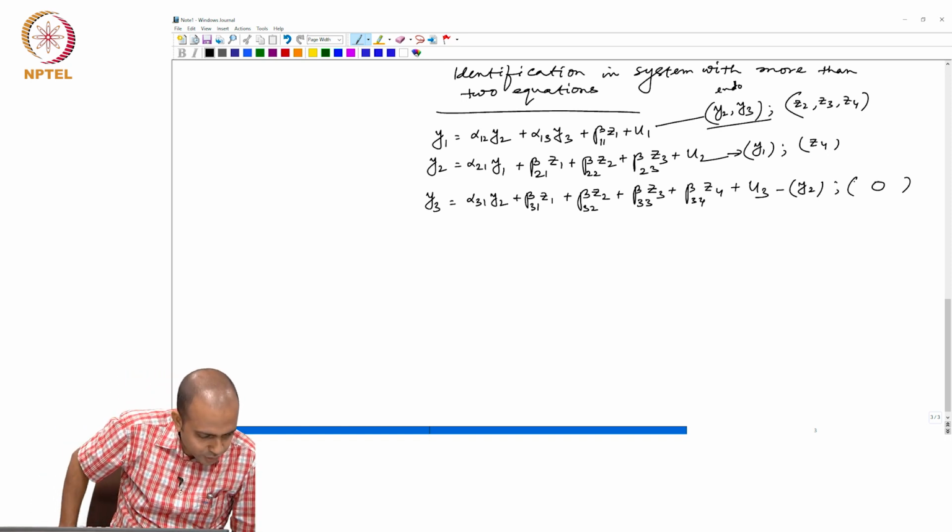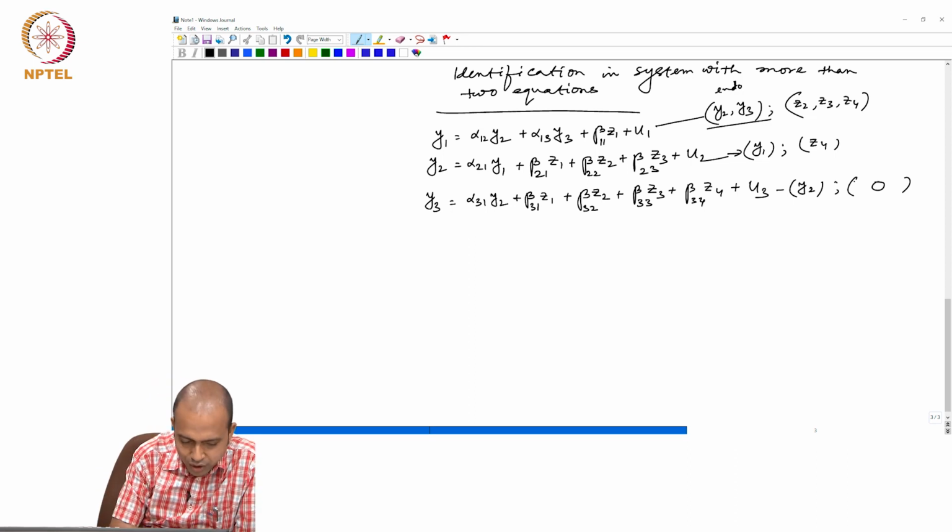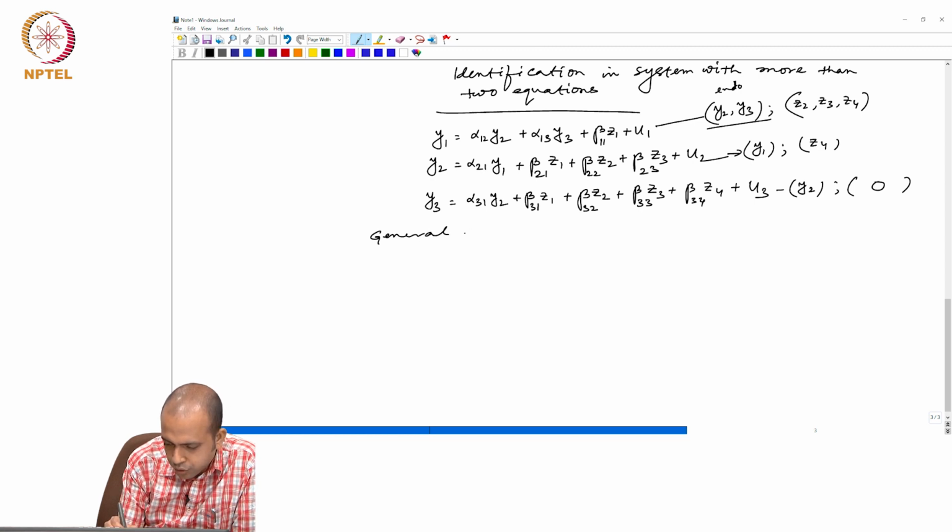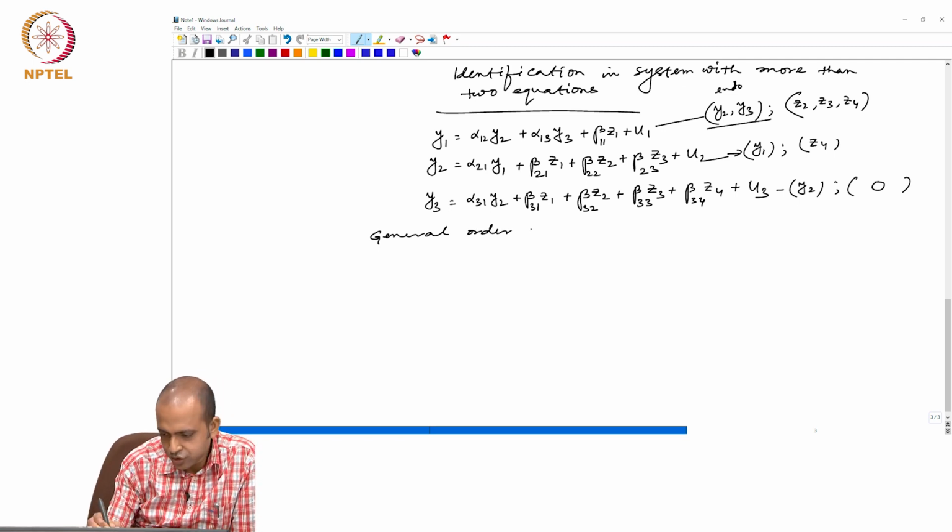So, we need a general rule, the general order and rank condition.